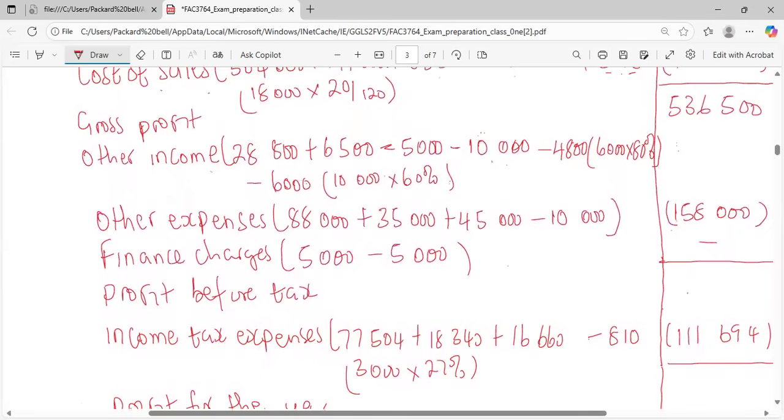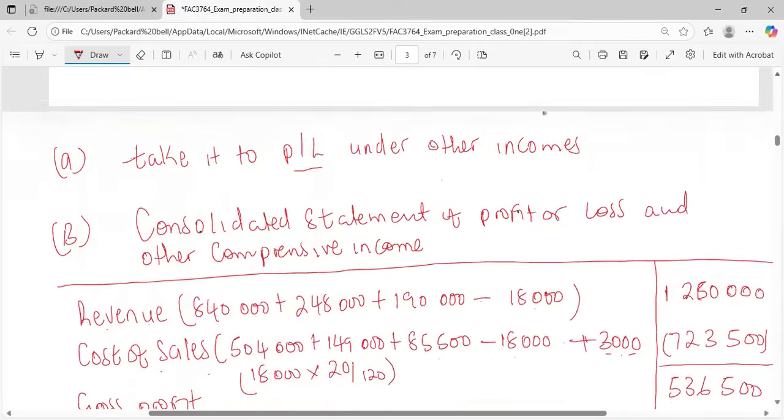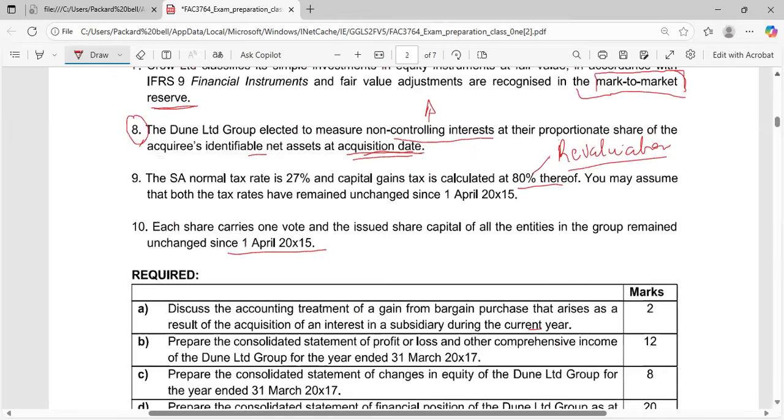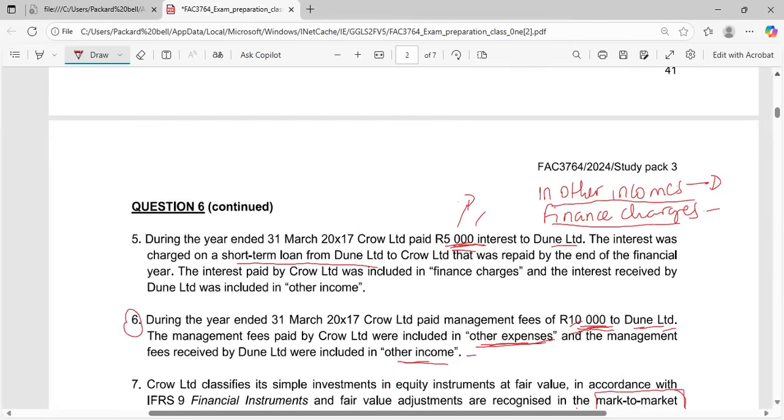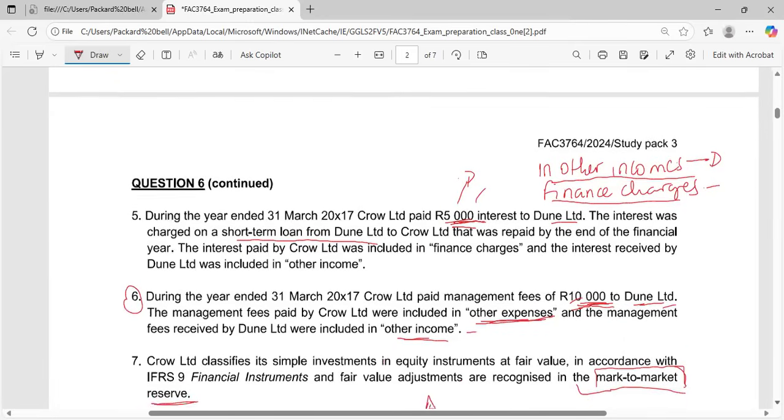But I think we need to do the analysis now because we'll need a lot to bring in here. So let's do the analysis for the two subsidiaries so that we can fill in whatever needs to be filled there. But at least you already have something that you have done.